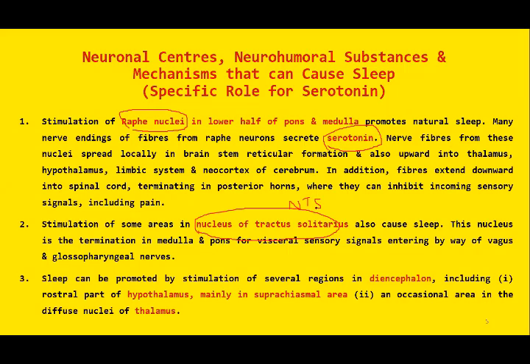Besides the brainstem nuclei, Raphe nuclei and nucleus of tractus solitarius, there are other areas located within the diencephalon. For example, the rostrum of the hypothalamus, which includes mainly the suprachiasmatic area. This is also known to cause sleep.